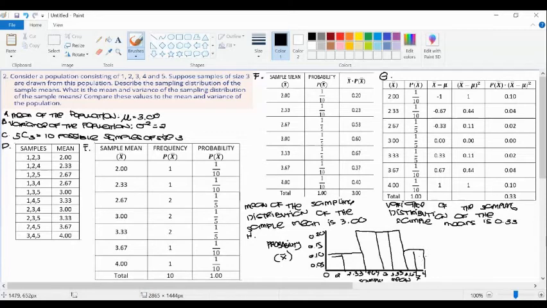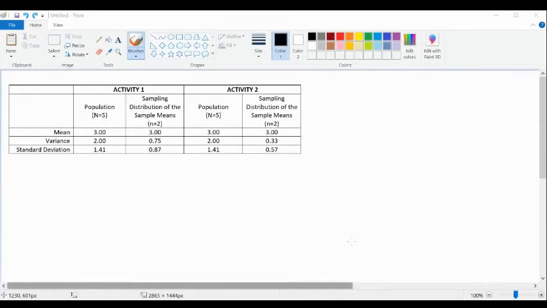Okay. So we're going to summarize what we have done in the preceding activities by comparing the means and variance of the population and the sampling distribution of the means. We can observe that the mean of the sampling distribution of the sample mean is always equal to the mean of the population.